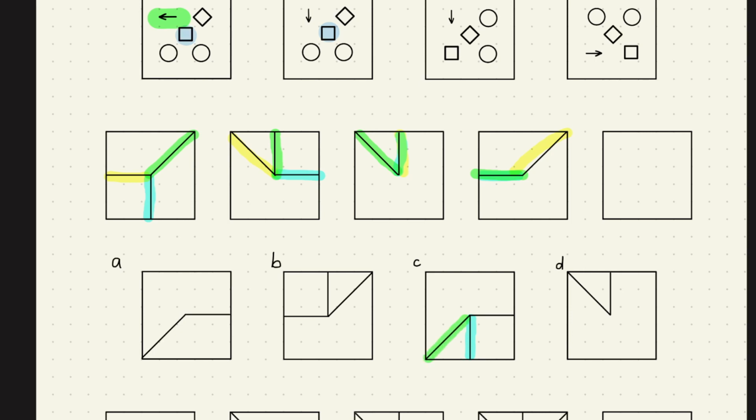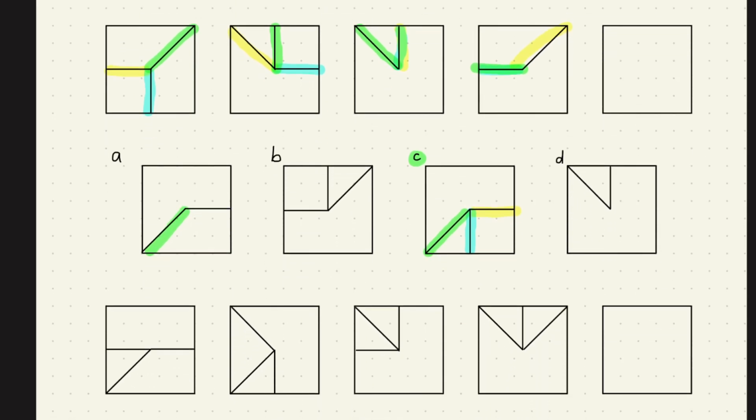That makes sense. I guess this one could also be it. And the yellow one, which I think really finalizes the pattern, goes 45 degrees that way. So our answer is option C by the looks of it. That, I reckon, was one of the more tricky questions because you really have to know what you're doing.